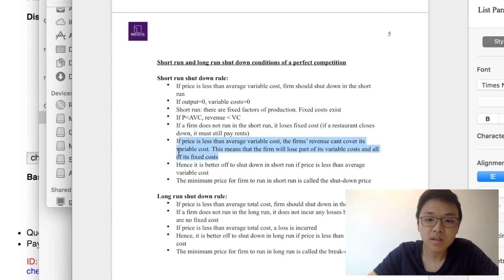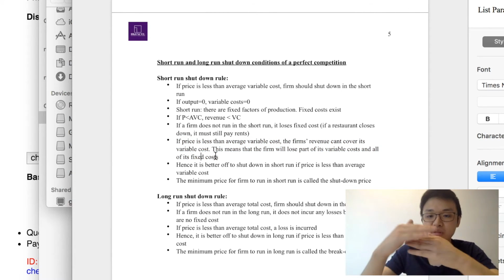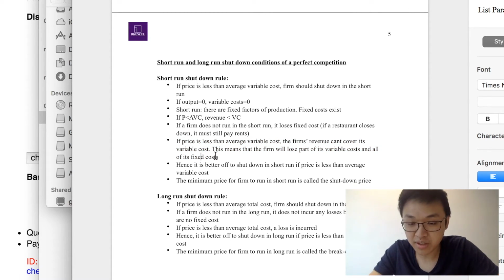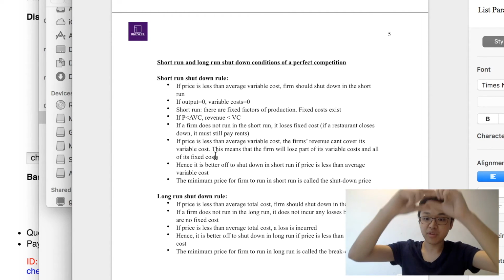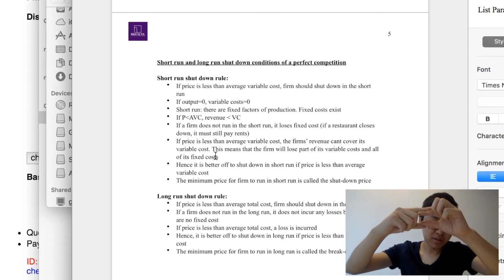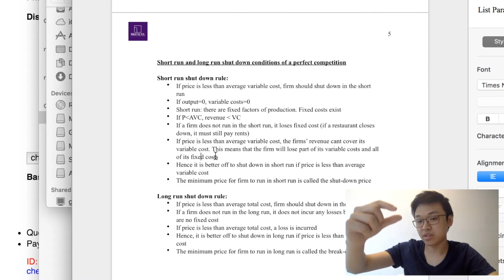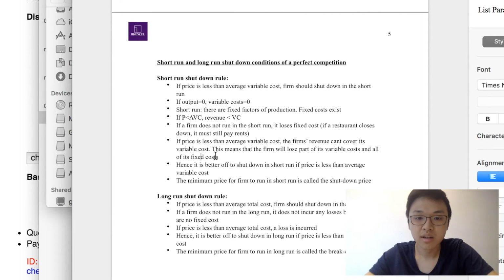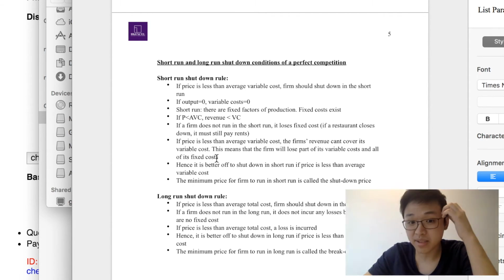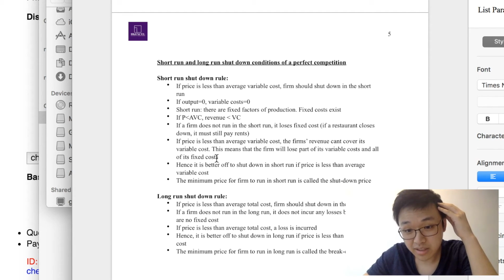If you lose part of your variable cost, of course you also lose all of your fixed costs, because revenue only pays part of the variable cost, and fixed costs cannot be paid by revenue either. So the fixed costs and part of the variable costs are all losses. Any rational business owner wants to minimize losses, right?